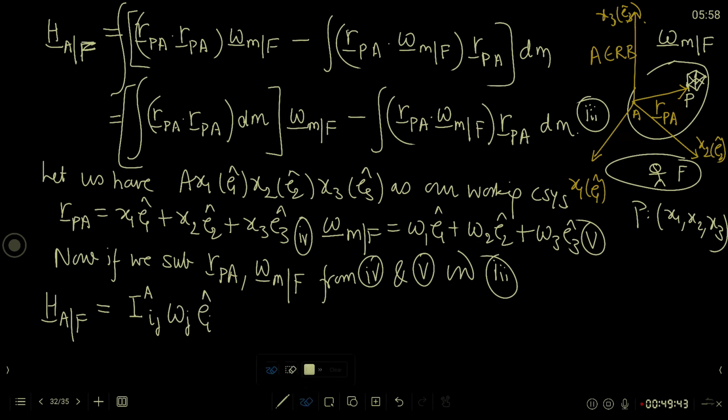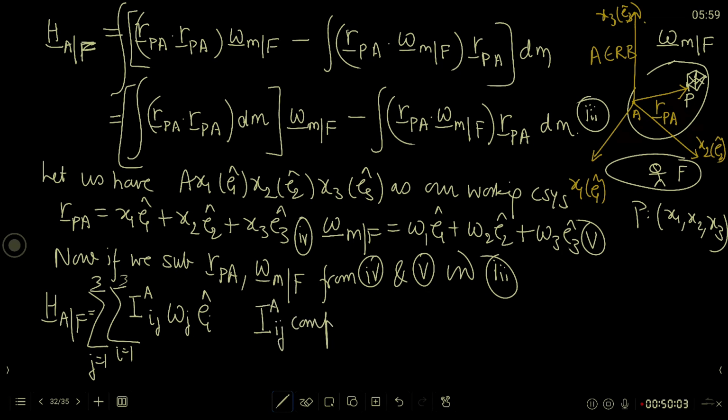Okay, where IAIJ components must be these, what I already showed earlier.